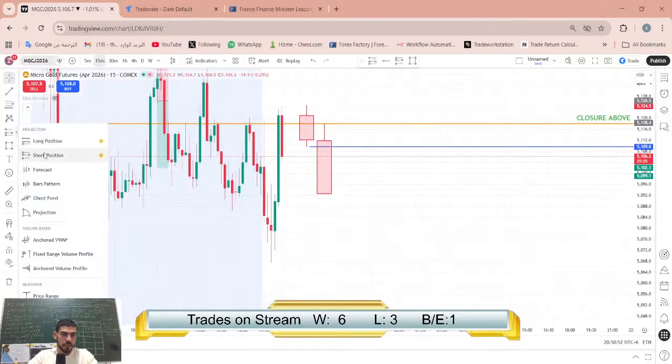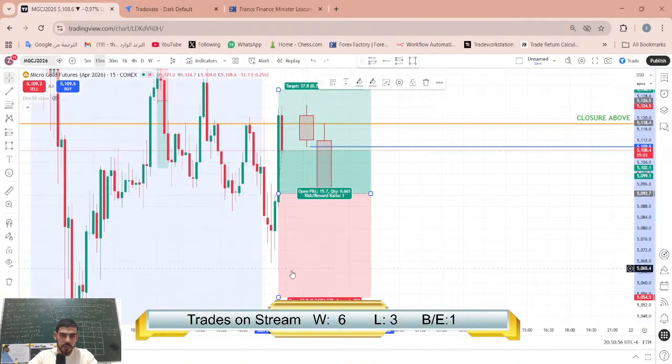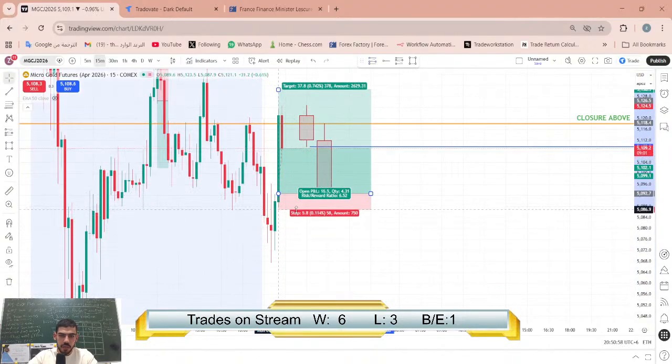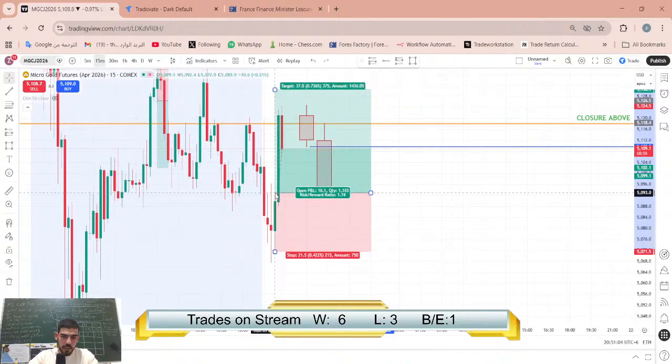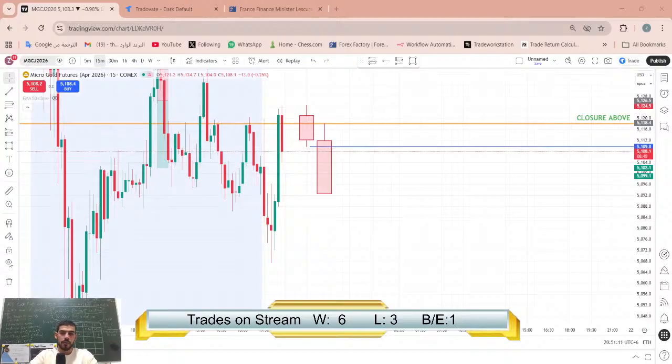Your stop loss. Because this is what trading is all about. It's mostly about the stop loss. Was it here, like below the current candle, or was it here below the previous candle? This one. Because this was a really good trade actually.